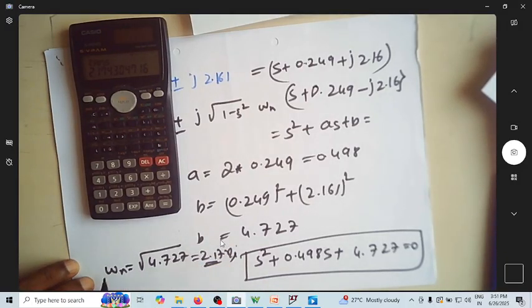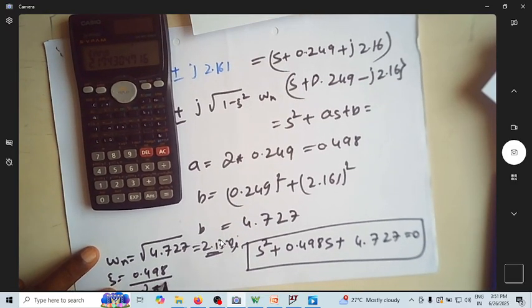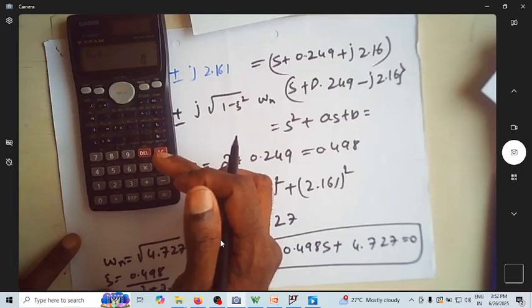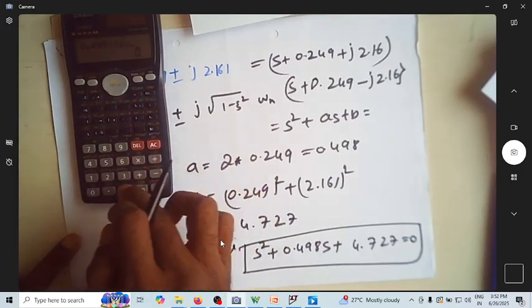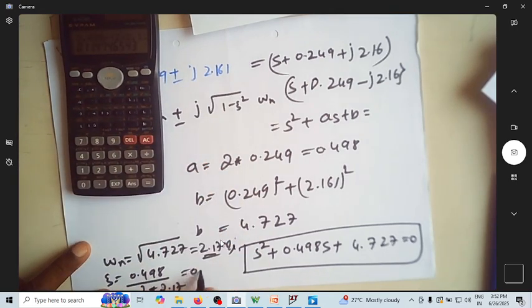And what is zeta? Zeta is actually 0.498 by 2 into omega n. Omega n is how much? 2.17. So it is 0.498 divided by 2 into 2.17. How much is that? It is 0.114.